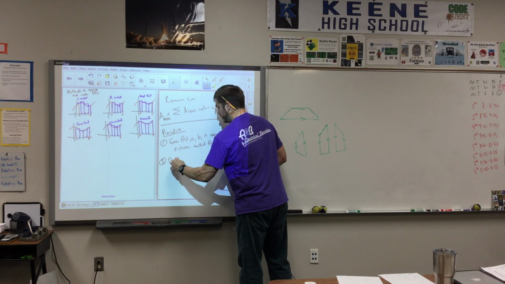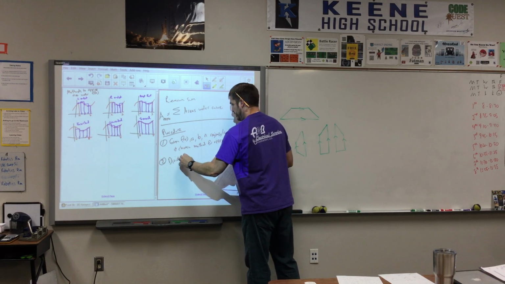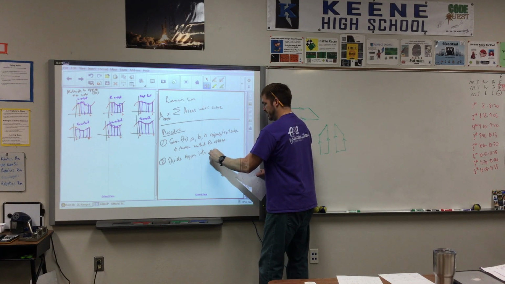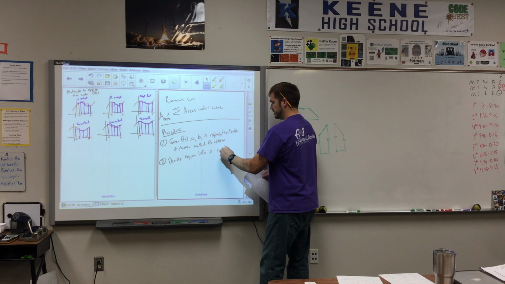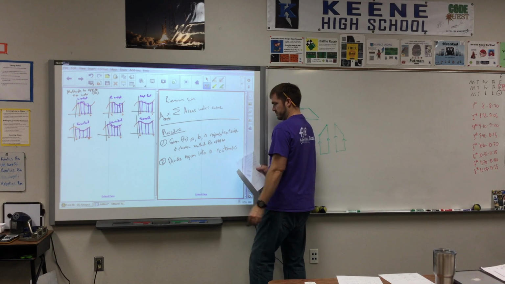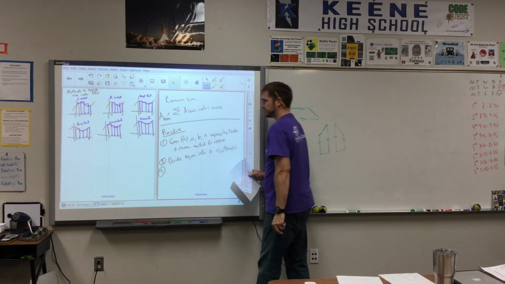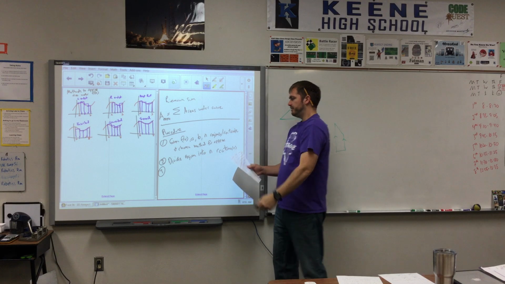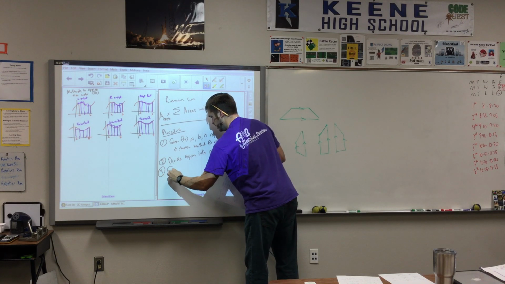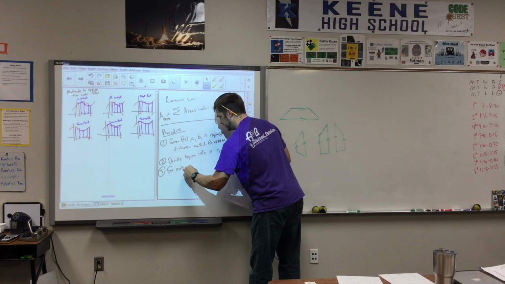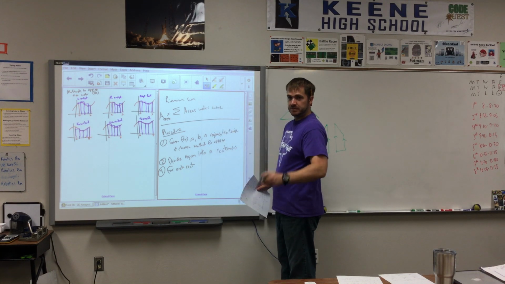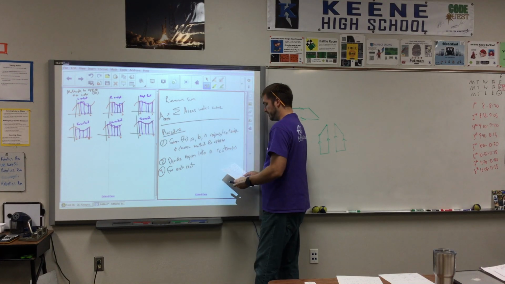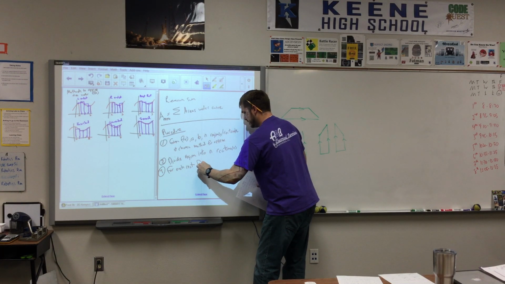Then you would divide your region into n rectangles. Then for each rectangle, kind of channeling my computer programming here, so for each one of those rectangles, you would find the height.